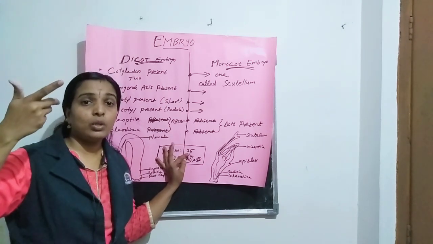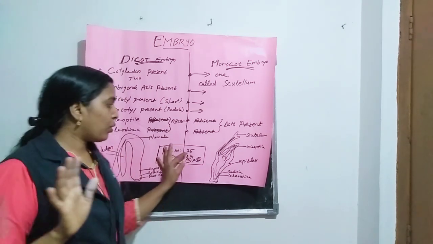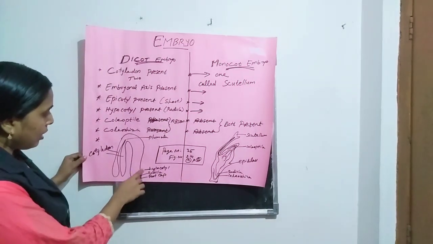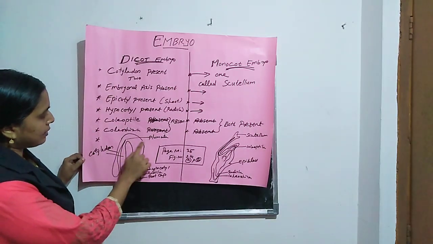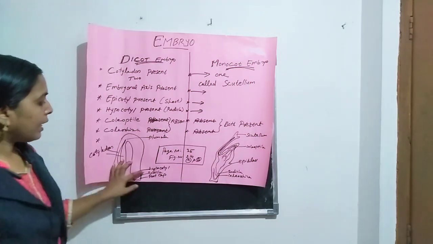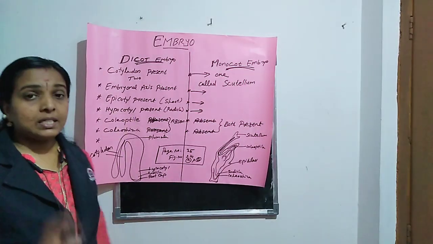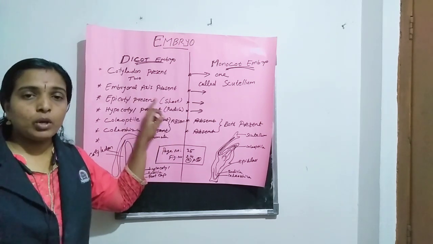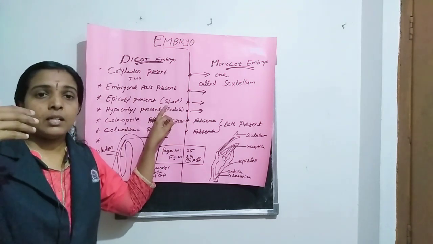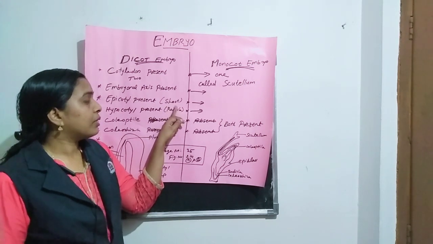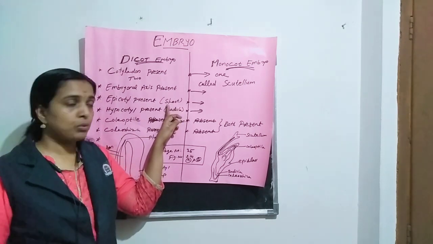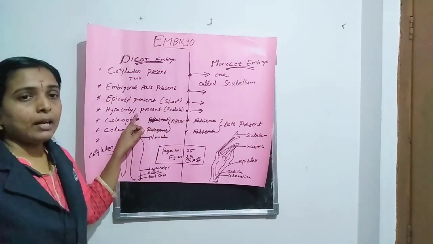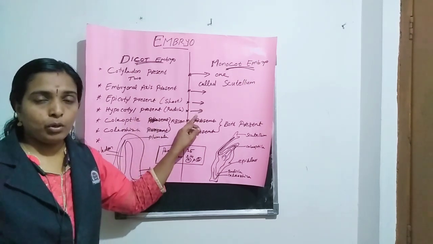Here, epicotyl, hypocotyl. Epicotyl is present above the cotyledon and becomes shoot. Then hypocotyl is present in both dicot and monocot.